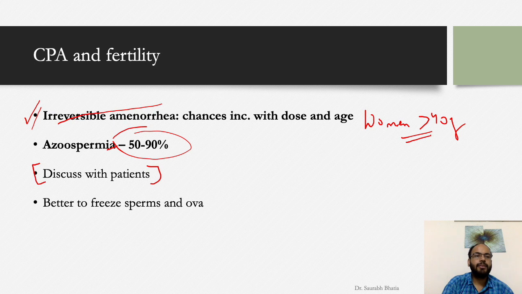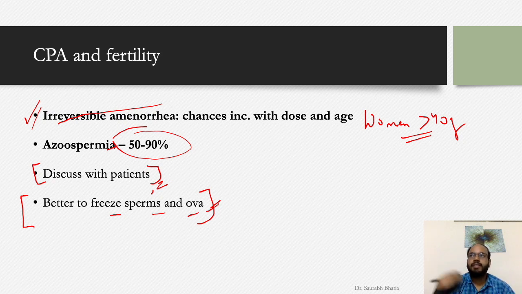It becomes a hugely important aspect in our country, so this has to be discussed. Also discuss whether it's possible for them to freeze sperms and ova. So it's better if this can be done so that subsequent pregnancies can be taken care of.